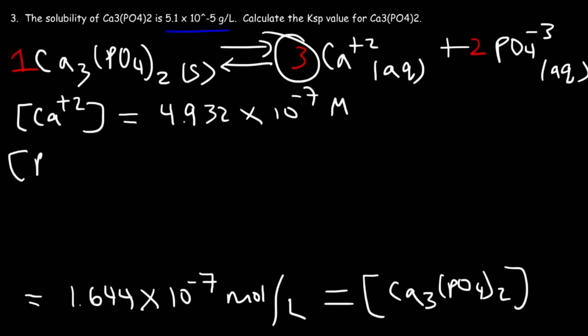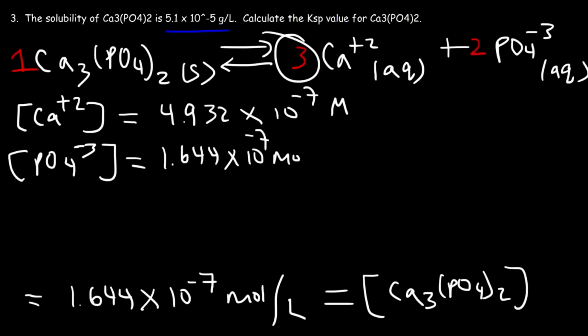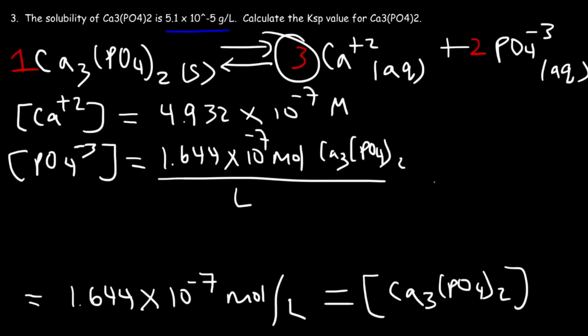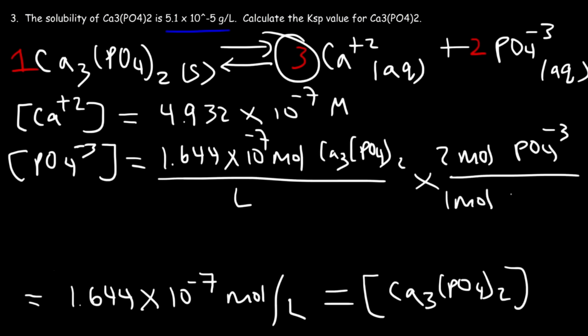Now the phosphate ion concentration is simply twice the value. And keep in mind, if you want to show your work, you can write it like this. So you need to write that there's 2 moles of phosphate ions per 1 mole of calcium phosphate.